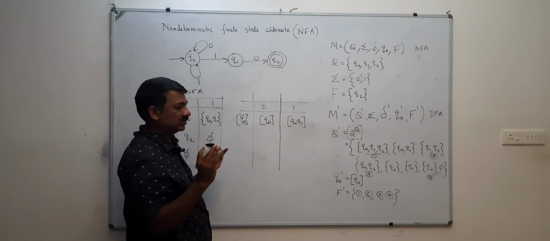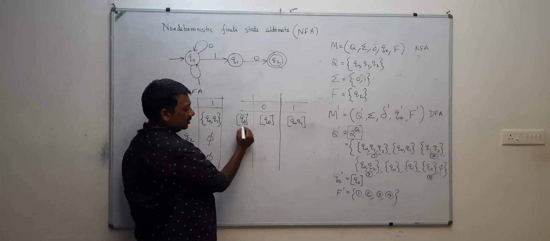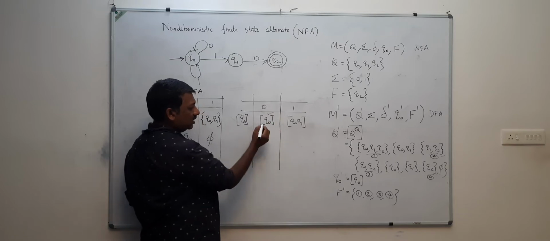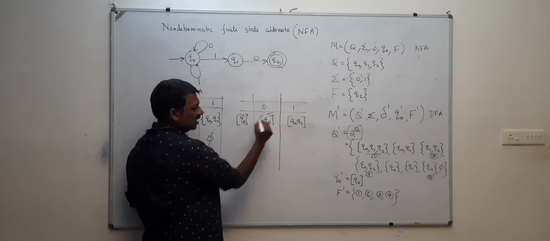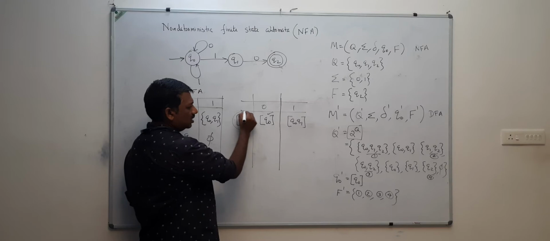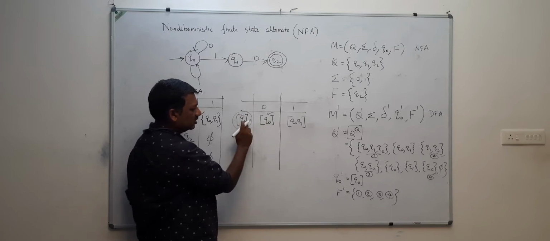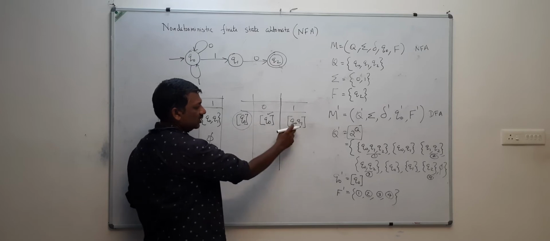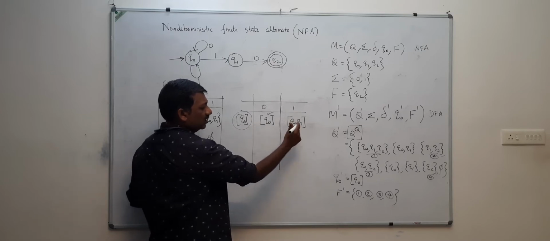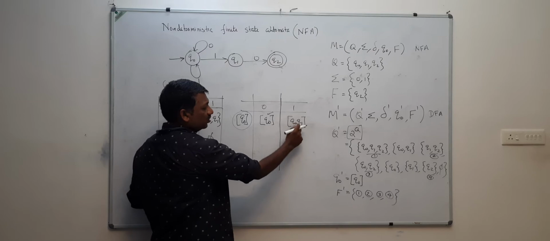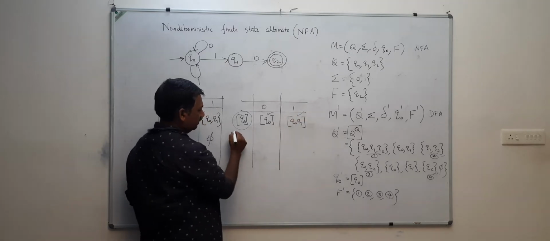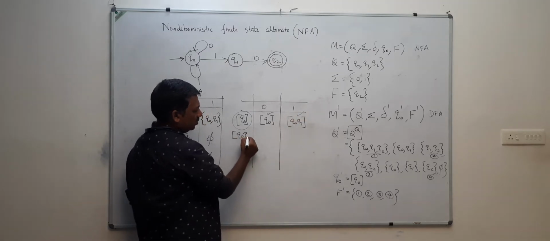Now you have only 2 states, and the transitions for Q0 are already defined: on 0 it stays in the same state, and on 1 it moves to the new state. Now you have to define the transitions for [Q0, Q1].